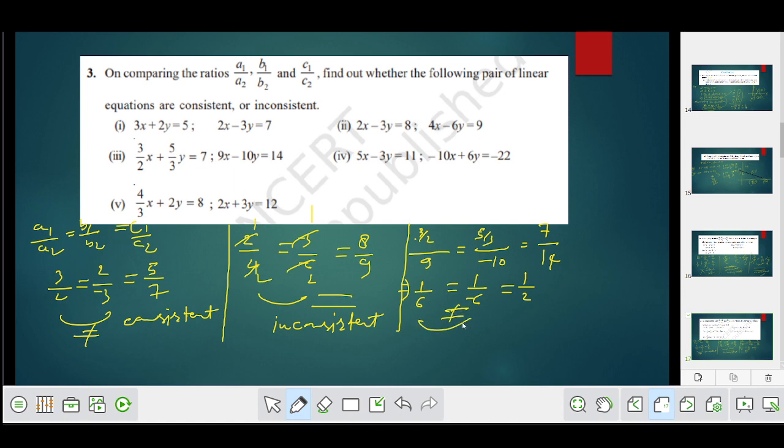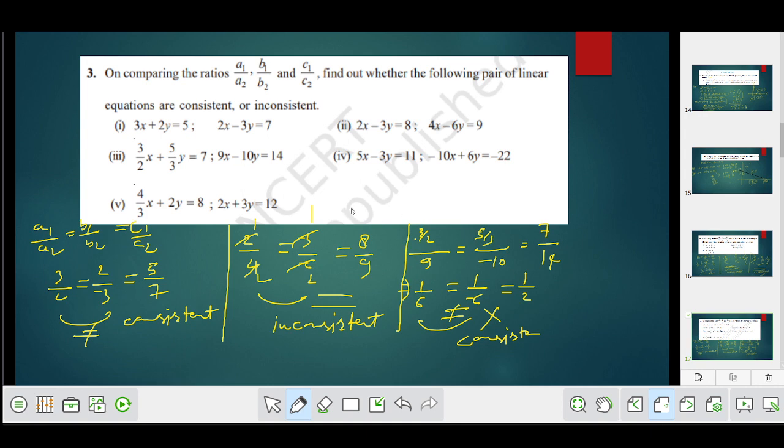If these are not equal, then we can say that it will intersect each other. If it will intersect, that means it has a unique solution. If there is solution, we can say that it is consistent.